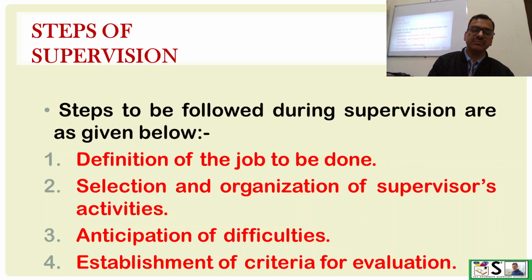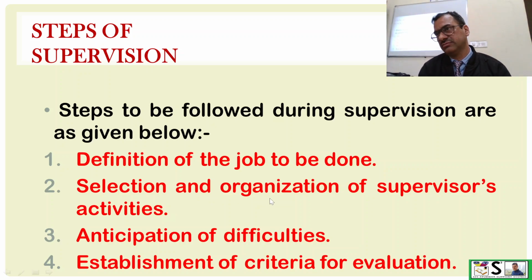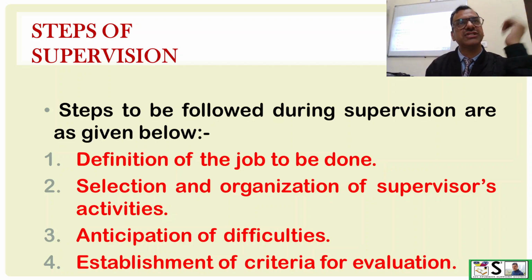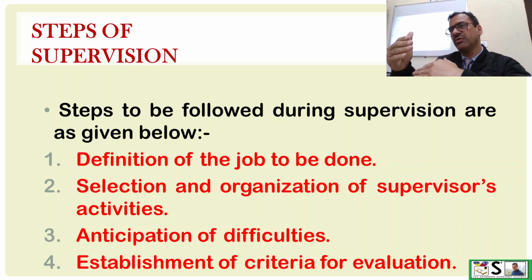Okay, then establishment of criteria for evaluation. Then we plan some criteria, that on what points we will supervise and how we will give the markings. Okay, so like we are making some checklist. In this way we will prepare some criteria for the evaluation. For example, if we are supervising an immunization clinic, then we will make some evaluation points.